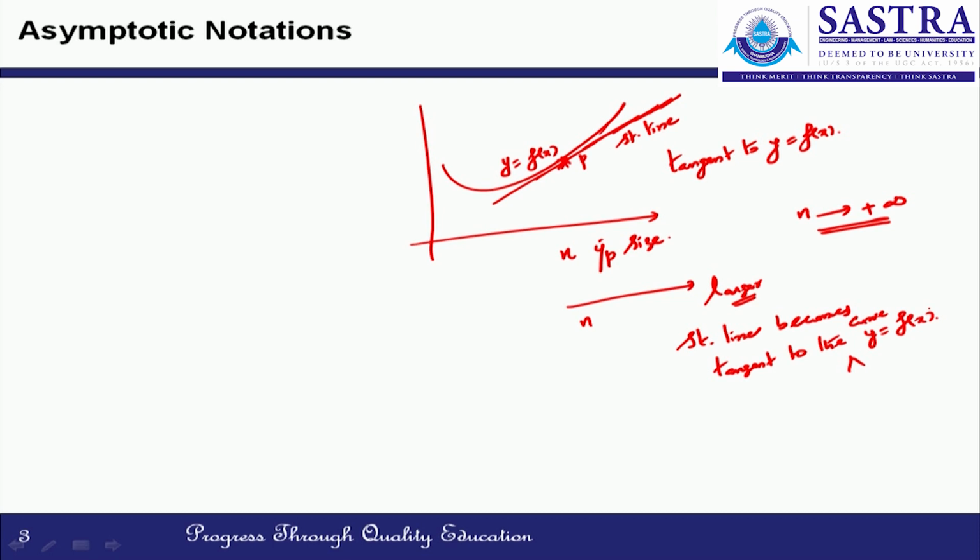So, we need to find the straight line so that the straight line meets the curve y is equal to f of x for larger values of n, so that the corresponding tangent to the curve is obtained. So, just think of y is equal to f of x in terms of total number of execution steps.